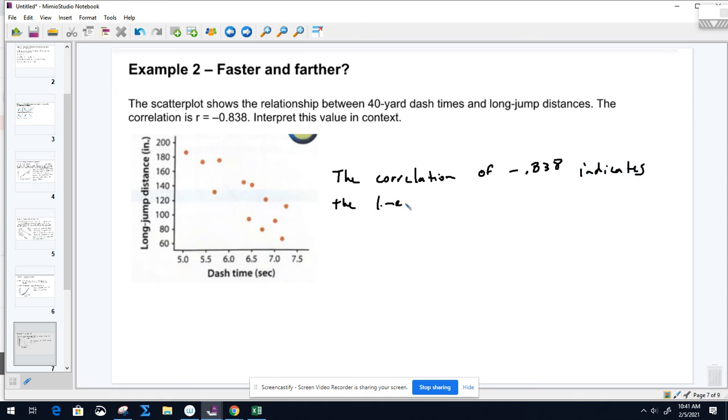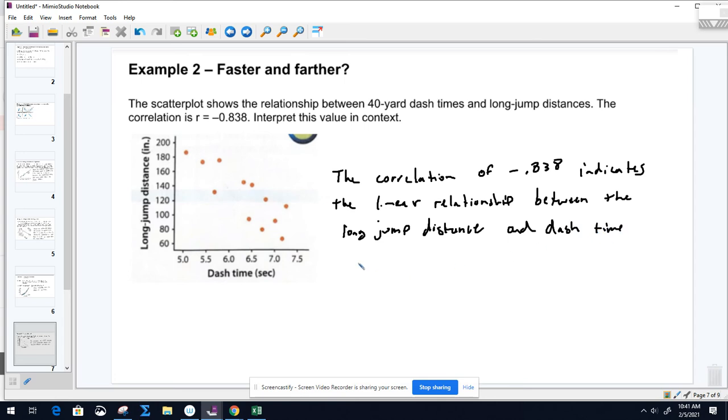the linear relationship, and notice I'm using the word linear because this forms a linear relationship, between the long jump distance and dash time for these students is strong and negative.